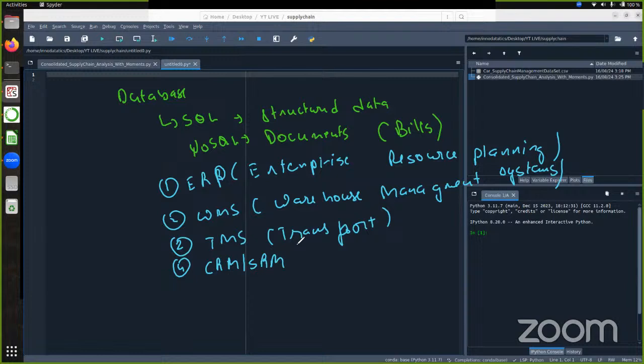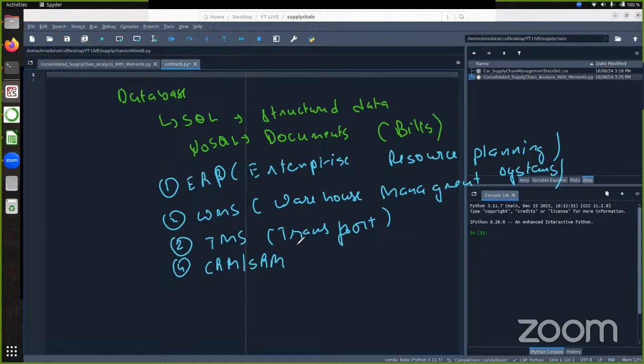Okay, and the CRM systems will provide us with data which is related to consumer interactions, and it is essential for planning of demand. Okay, now demand forecasting is very important.